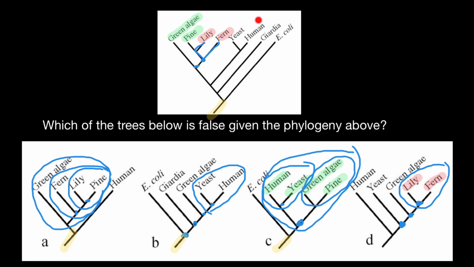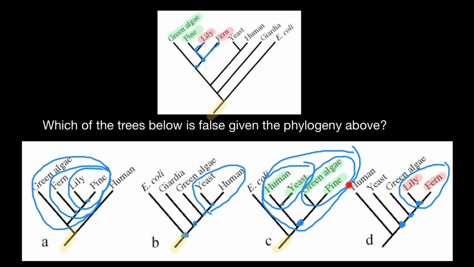According to this phylogenetic tree, yeast and human have to be in the same clade. That means that the distance between yeast and green alga has to be the same as between human and green alga. As you see, the distance has to be exactly the same. But let's analyze the distance between yeast, human, and green alga.